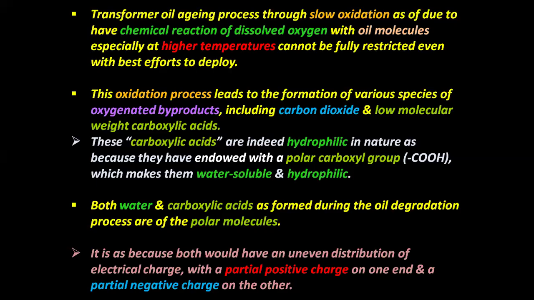This oxidation process leads to the formation of various oxygenated byproducts, including carbon dioxide and low molecular weight carboxylic acids. These carboxylic acids are hydrophilic in nature because they have a polar carboxyl group, that is COOH, which makes them water soluble and hydrophilic.